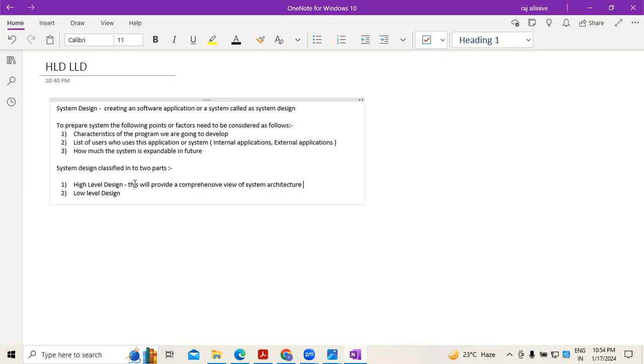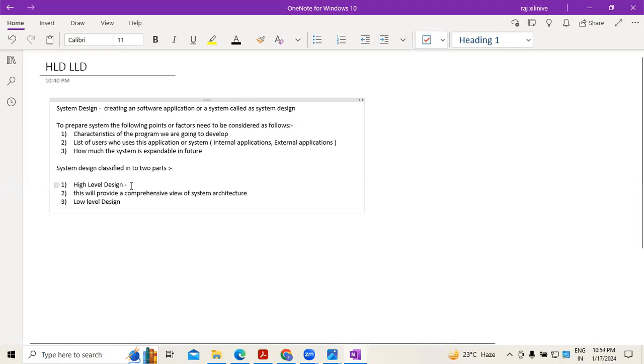This is what high level design is generally useful for. This is the first point.